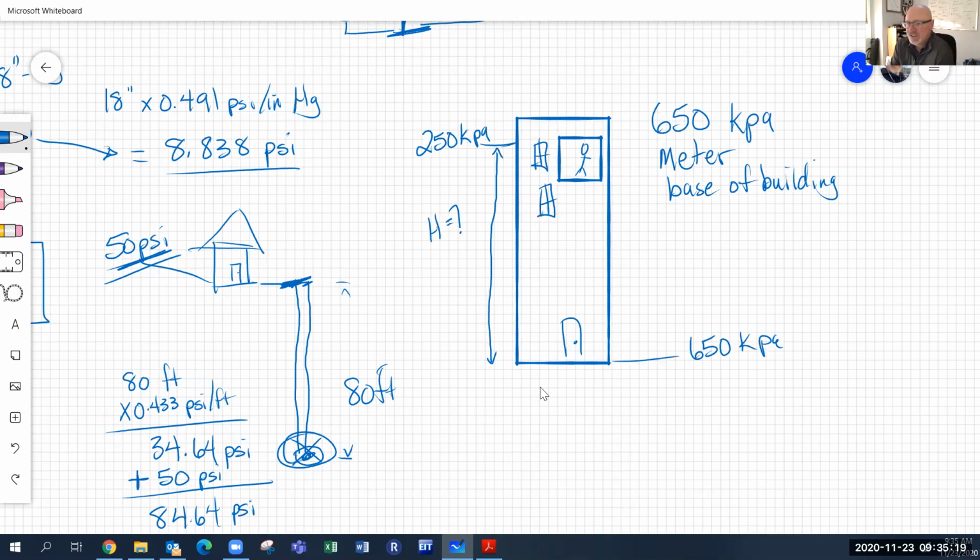So what we need to do is figure out how much pressure I have to lift the water.